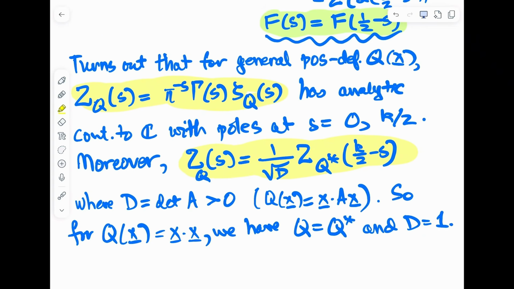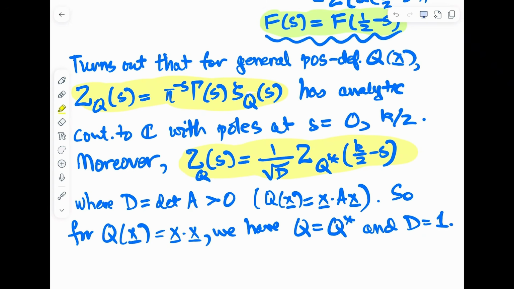So let's go ahead and proceed like we did yesterday. We're going to write pi to the minus s times gamma of s as an integral, and we're going to multiply it by the zeta function of q as a Dirichlet series. We're going to put it on the inside, make some multiplicative changes of variable, swap the sum and the integral, and then we're going to see a theta function popping out.